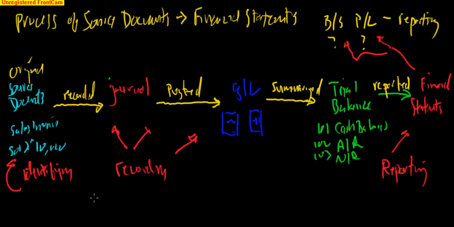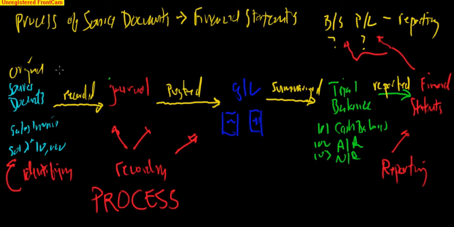So this is the accounting process, of how it starts in the beginning. This is like the seed being planted into the ground. And over here is the big bush, the tree that comes from the seed.